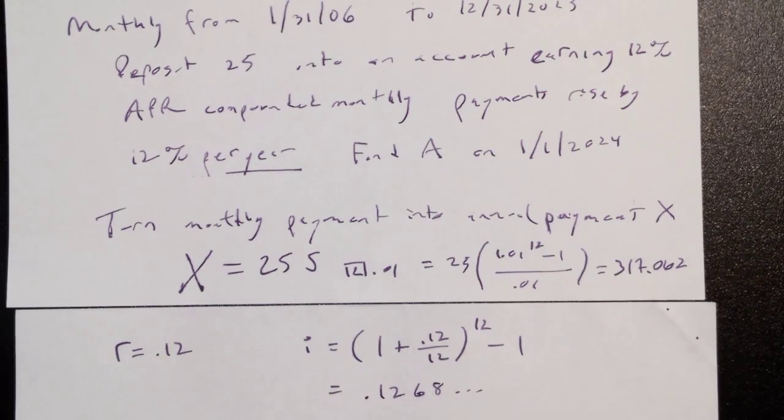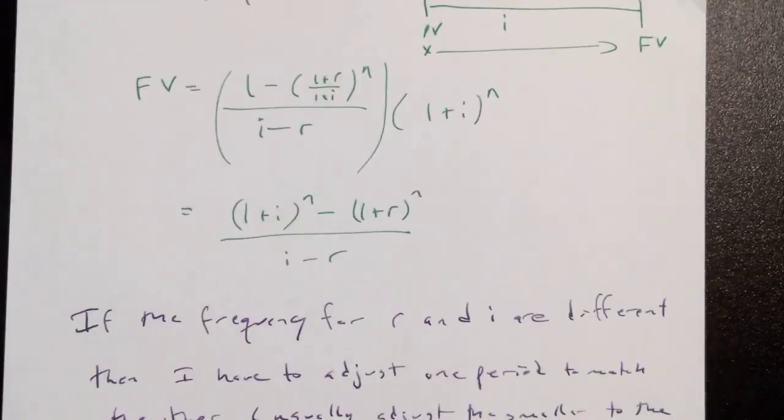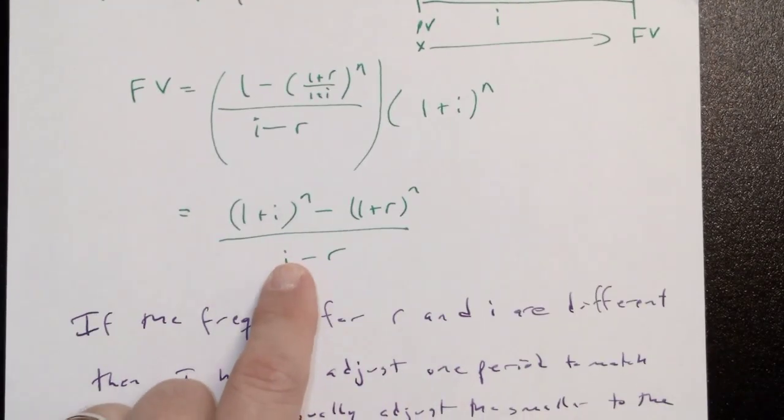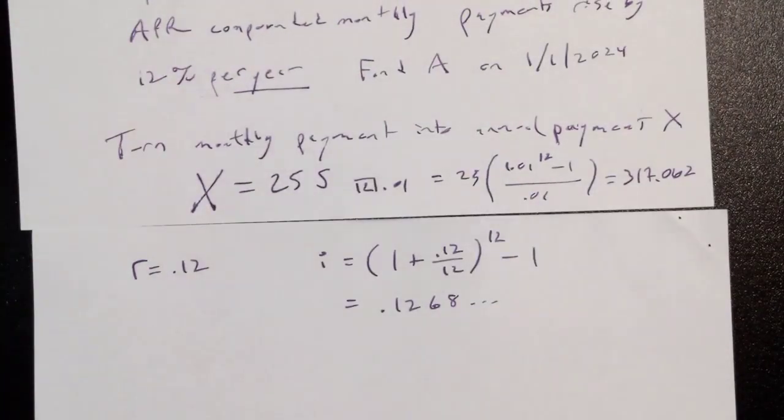With a lot more decimals here. I'm very glad that that's not the same as R, because in my formula for the future value, way back here, I have I minus R on the bottom. If I and R were the same, I'd be dividing by 0. That wouldn't be very helpful. Now, in the formula, we actually use 1 plus I and 1 plus R in the top.